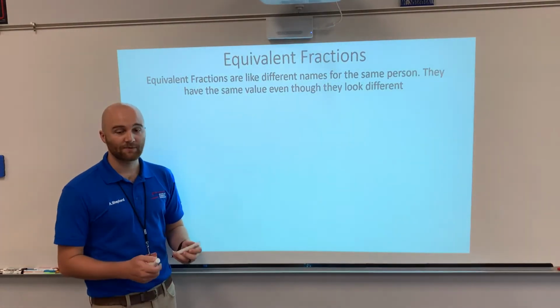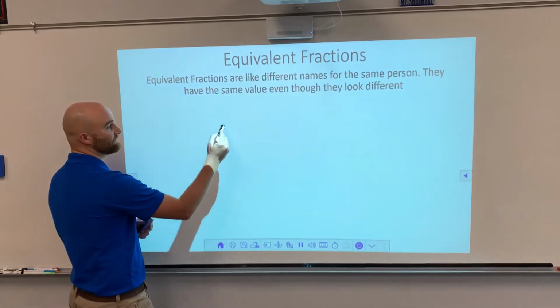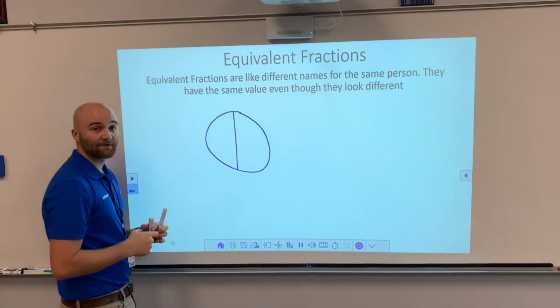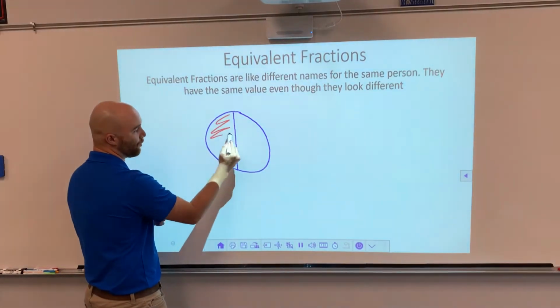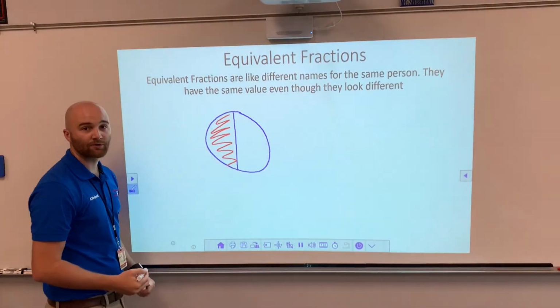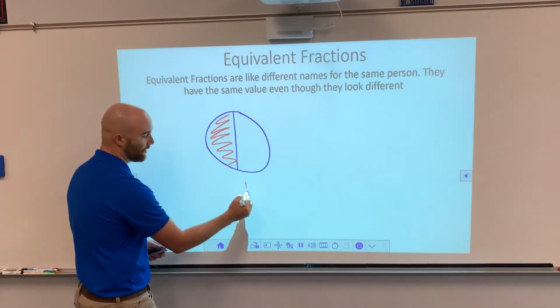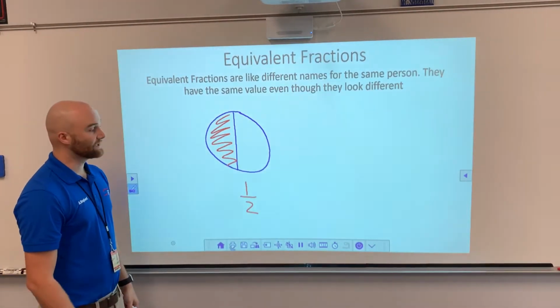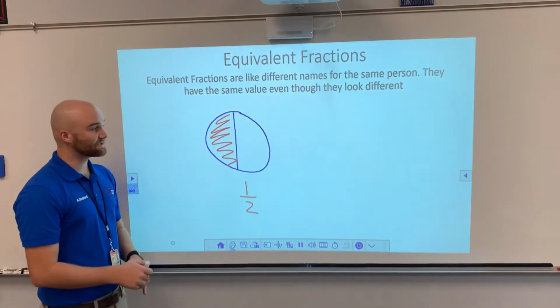Let's look at a picture to help us understand that. So if I have, for example, right here, I've got a common fraction, which would be 1 part shaded out of 2. This is 1/2. But I could also keep splitting this up.